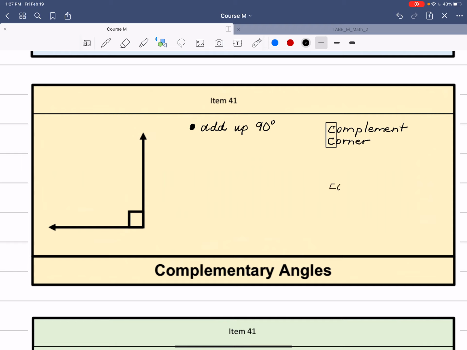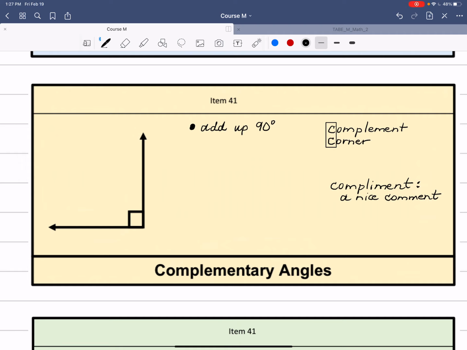Has nothing to do with math, but I want you to be proficient in your vocabulary. Compliment is a nice comment. So complementary angles, that's a different spelling than compliment, making nice comments. Okay, so complementary angles add up to 90.